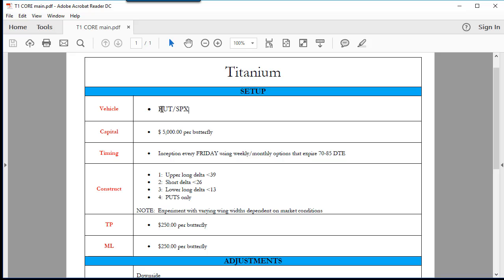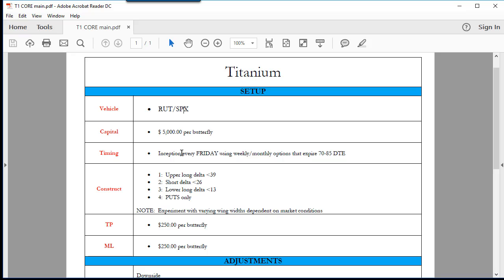Now, if we're going to use this in the Russell or the SPX, I like to allocate no more than $5,000 per butterfly. So again, this is an unbalanced butterfly, and you'll see that down here in the construct of it. When the trade begins, you may only outlay $2,000 or $3,000, but be planning on deploying up to $5,000 per butterfly to manage the trade and to calculate both your take profit and your max loss values off of.